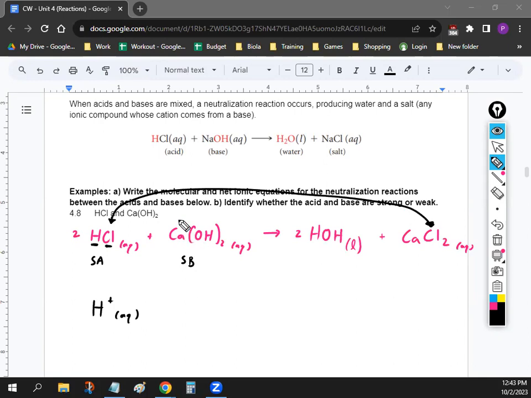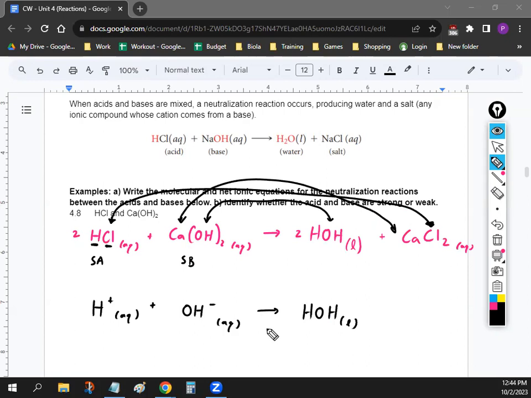Okay, let's take a look at calcium. Does calcium change its state of matter? No, it does not. It's aqueous on the left side, and aqueous on the right side. And then lastly, hydroxide is obviously going to change the state of matter. So for your net ionic equation, you'll have OH-, which is aqueous, and that's going to produce water, H2O, which is a liquid.